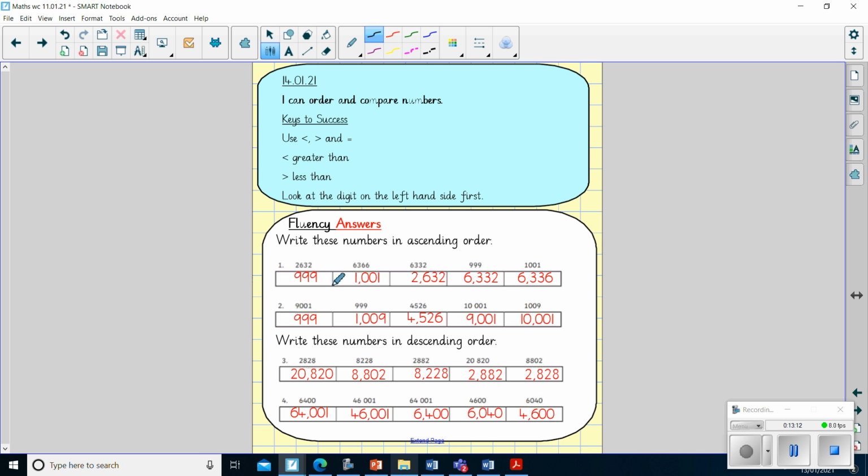So the numbers in this sequence were getting greater, and the same in this one, and then in these sequences they were getting smaller and smaller in this one. So have a look at your answers and give yourself a tick if you've got them correct. Pause the video and mark your work.